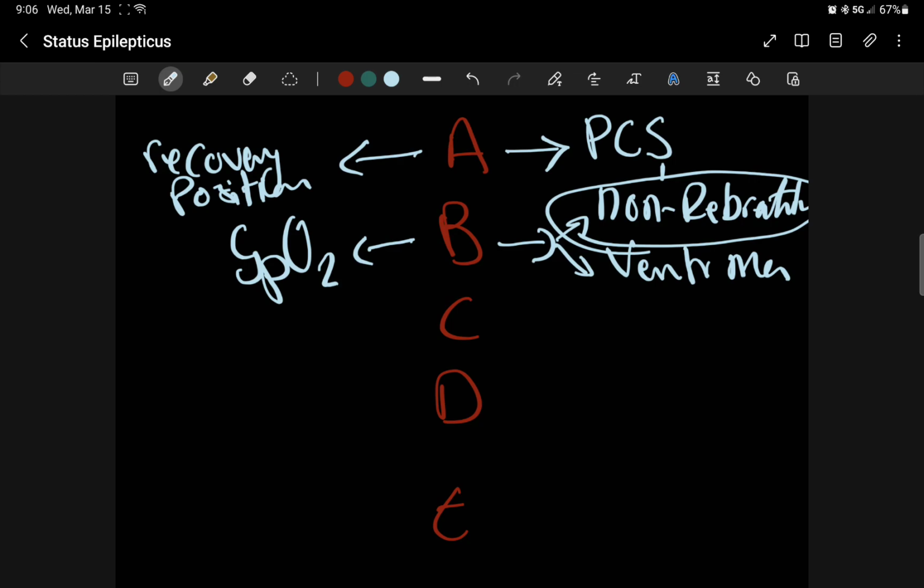You need a non-rebreather. And the reason why we usually want such modalities, especially non-rebreather, is because it helps with apneic oxygenation. This is a side note on apneic oxygenation. Some people will be aware of it when they're intubating a patient and they put a nasal cannula in that helps with apneic oxygenation.